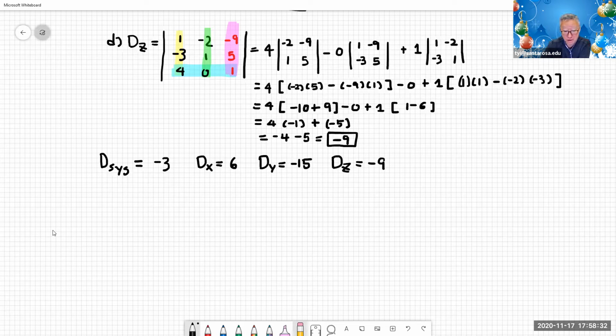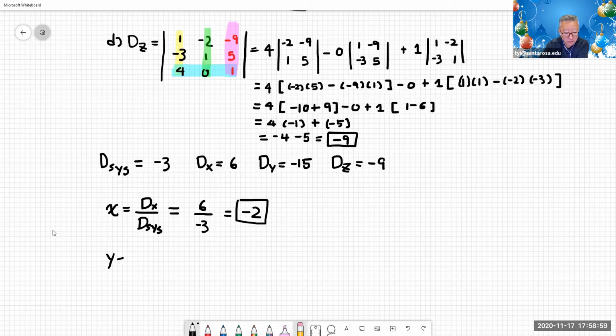All right, so now we're going to have to find the x, y, z values here, right? So here x equals determinant of x over determinant of the system. So determinant of x is going to be 6, and determinant of the system is going to be -3. So the x here is -2.